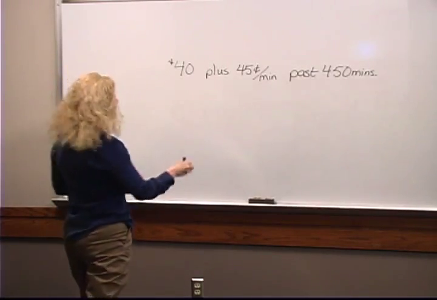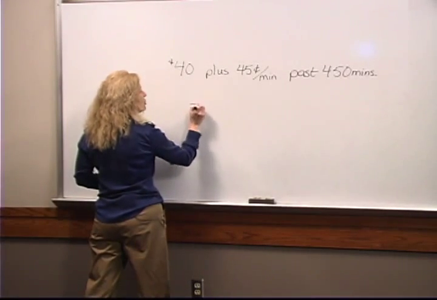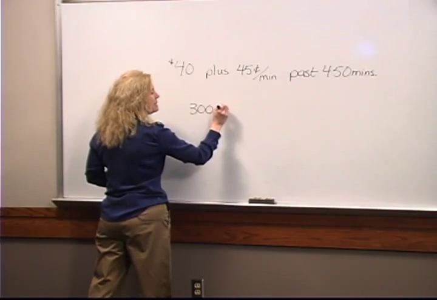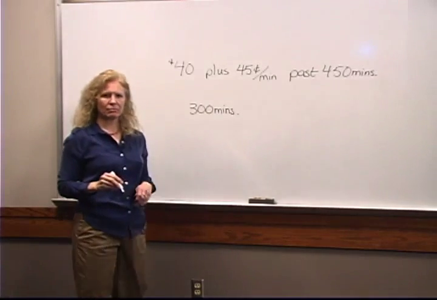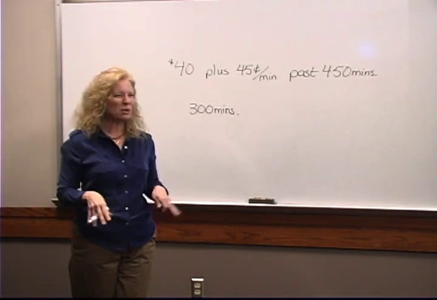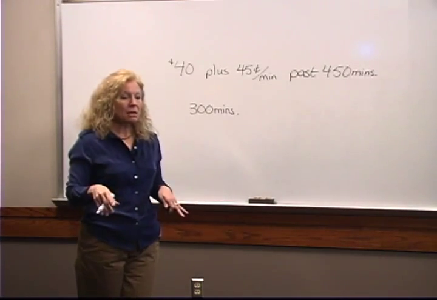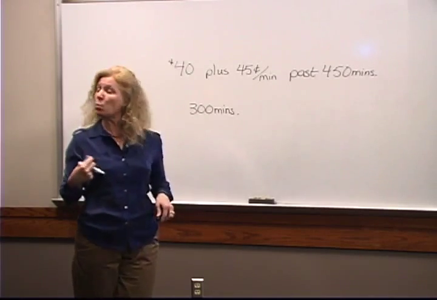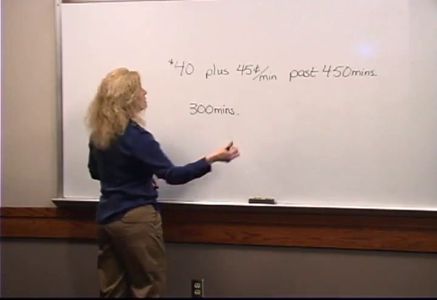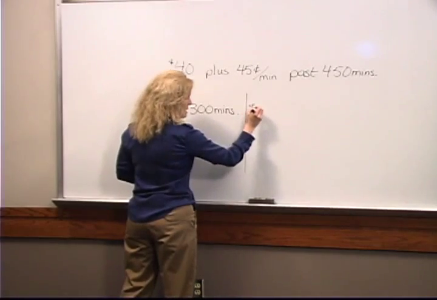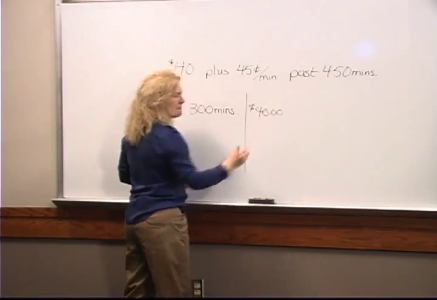Like, what if you have 300 minutes? 300 anytime minutes, because we don't care about those night and weekend. If it's 300 anytime minutes, what are you paying? You're paying 40 bucks. Okay.